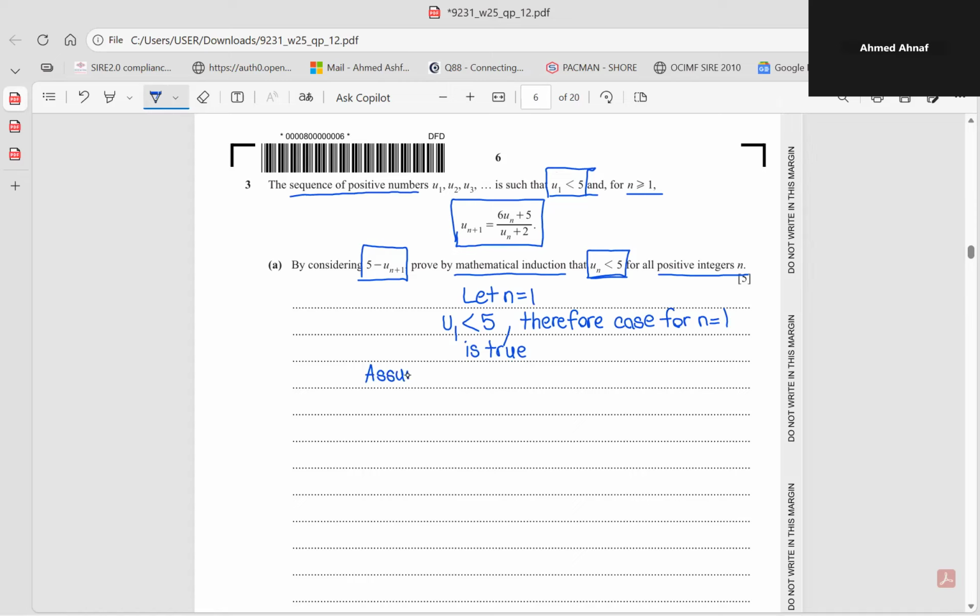So we can assume that U subscript K is less than 5. So it's basically taking your statement that's given in the question and replacing the n with K. So you assume that it is true that UK is less than 5, where K is a positive integer.